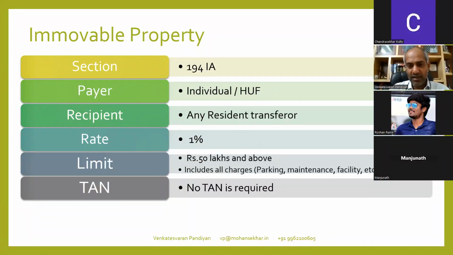Then subsequently it was added. So suppose you buy an apartment and the apartment cost is 45 lakhs. Parking charges is 2.5 lakhs. Maintenance is another 2.5 lakhs. Facilities is another 2 lakhs. So it becomes 52 lakhs. So then TDS at 1% has to be deducted.